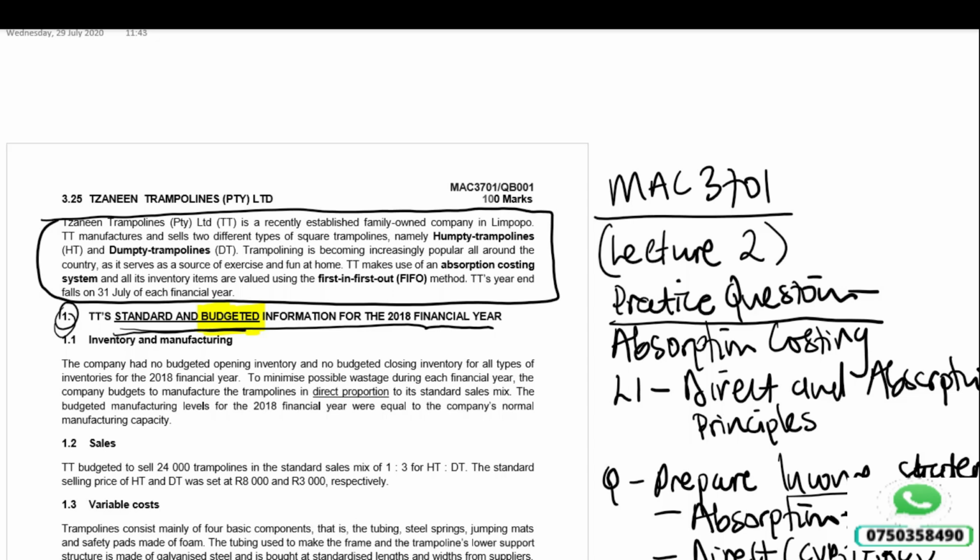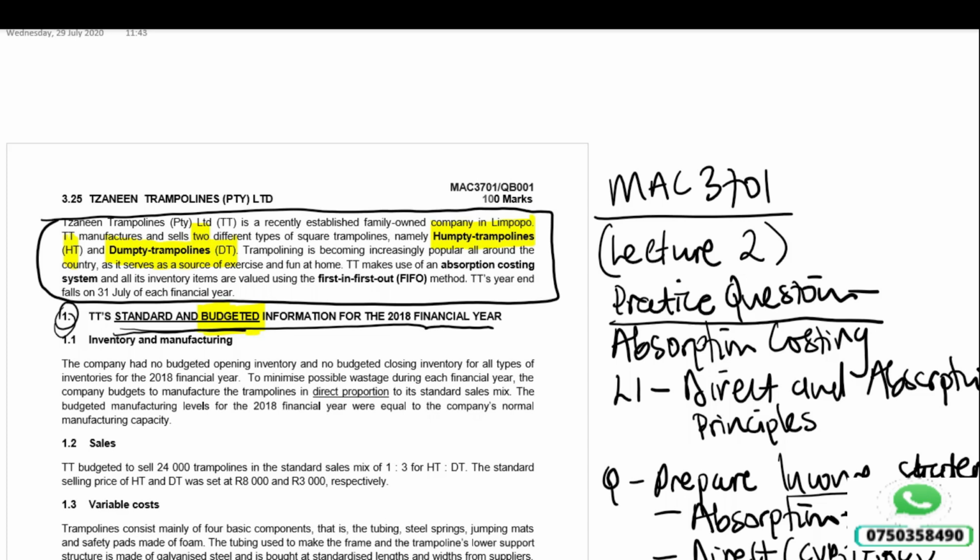In this question, they said Tsanin Trampolines is a recently established family-owned company in Limpopo. TT manufactures and sells 2 different types of square trampolines, namely Humpty trampolines, which is your HT, and Dumpty trampolines, which is your DT.